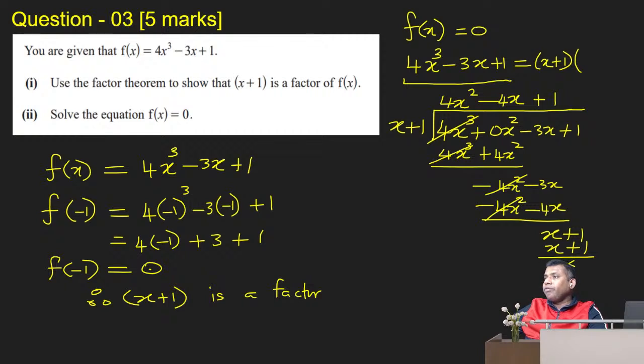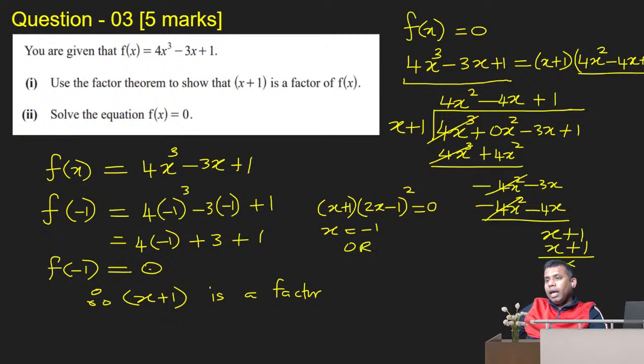So here we already found 4x squared minus 4x plus 1, right? Now I'm going to squeeze up space here. x plus 1 and the next one 4x squared minus 4x plus 1, you can put that as 2x minus 1 whole thing squared equal to 0. So x can be minus 1 or x can be half, right?